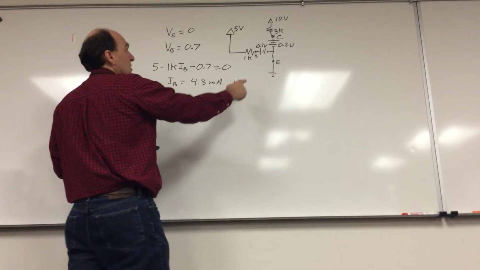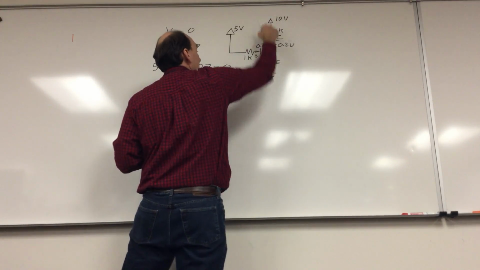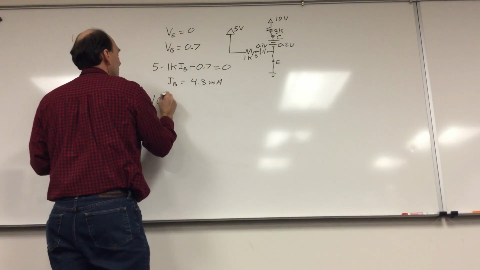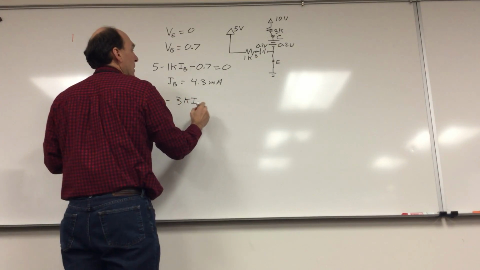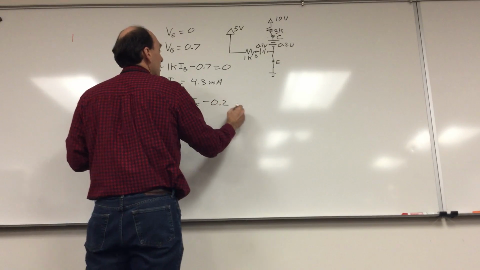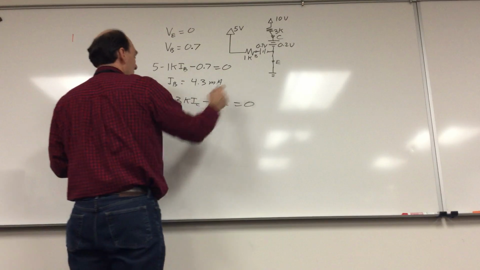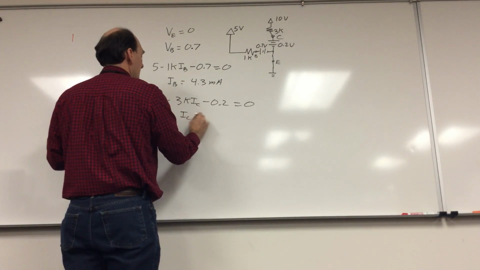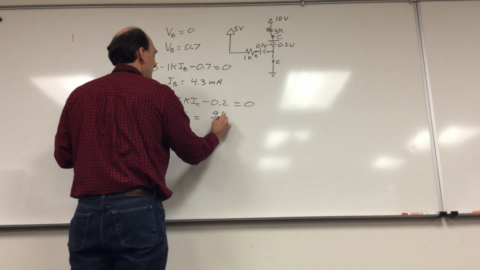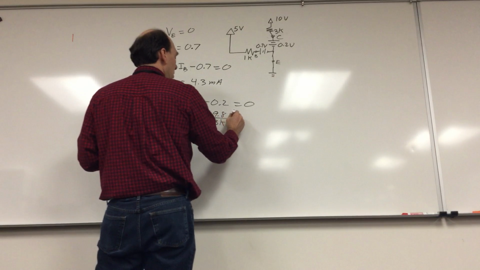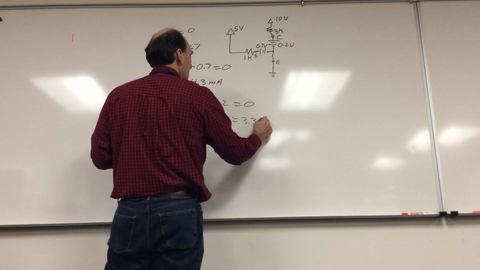I could figure out IC. We'll do KVL from here to here. We would have 10 volts minus a voltage drop of 3K IC minus 0.2 equals 0, because we're at ground. Now we can solve for IC. IC is 9.8 volts divided by 3K, which is approximately 3.3 milliamps.